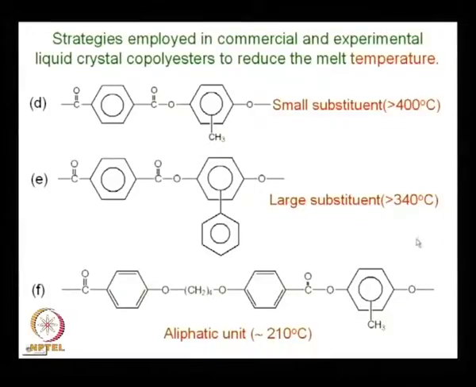Okay. Then spacer units, say flexible units, here you incorporate flexible units, say 4 methylene units, temperature has come down from 600 to 210. So, this shows you can tailor this molecular structure, you can tailor the properties of the polymers by molecular design, and you have the flexibility of polymer synthesis due to the presence of these functional groups.